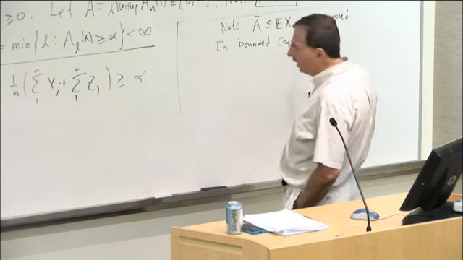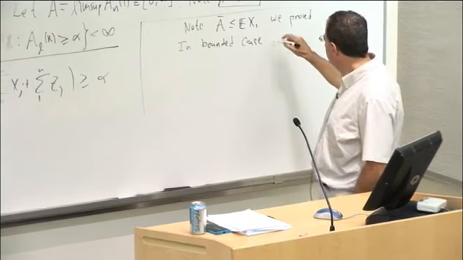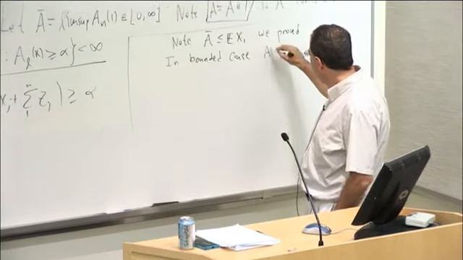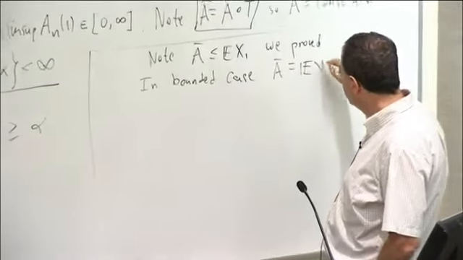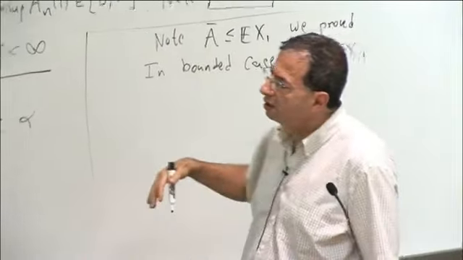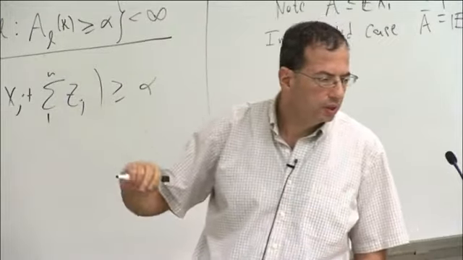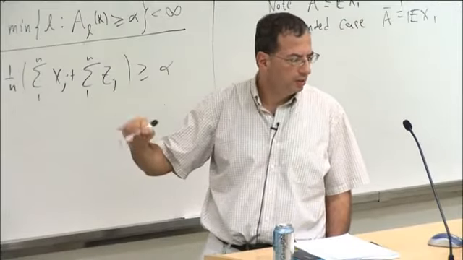In the bounded case, if the x's were bounded, we certainly know that A bar would be equal to EX1, just from the Lebesgue bounded convergence theorem, because all the averages will be bounded by the same bound.